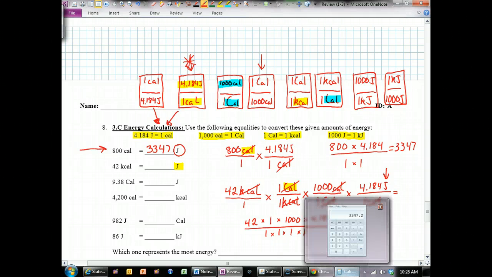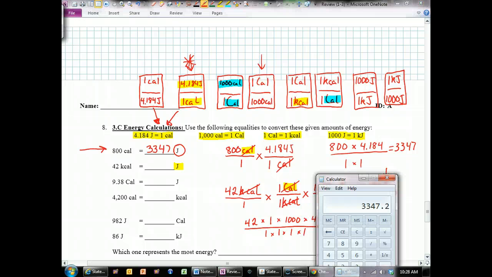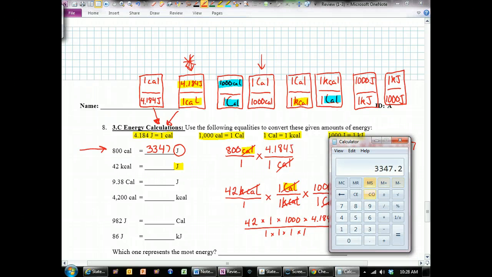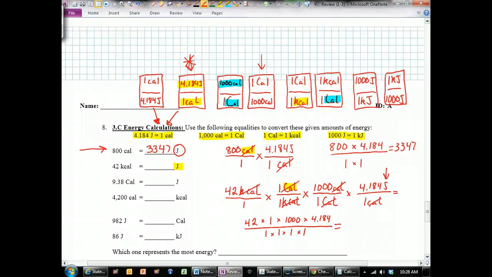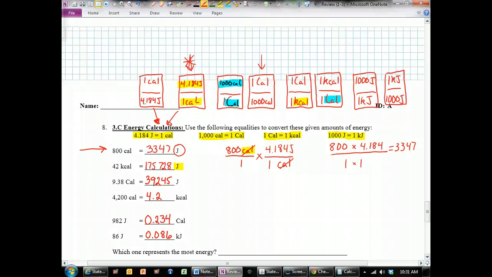So our answer is going to be 42 times 1,000 times 4.184. That gets us 175,728. I'm going to go through and I will give you the answers to the rest. We have all those answers.